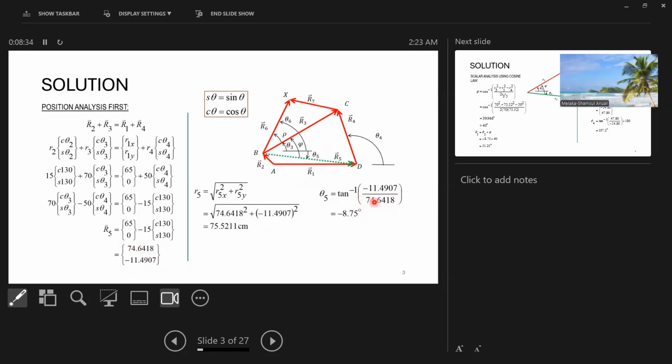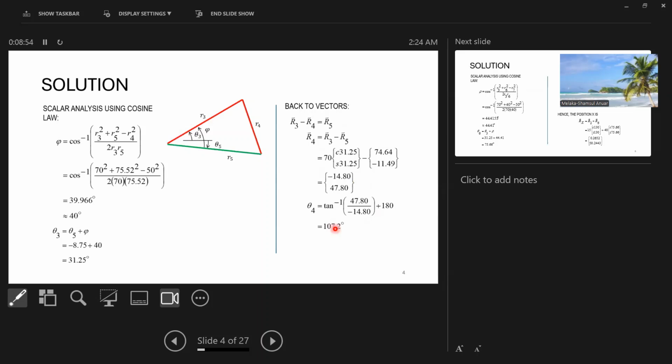Since delta x is not a negative number, we do not have to plus or minus 180. So it's just this one, and we got negative 8.75, which is a small angle here. That makes sense. Okay, that looks like it is correct.